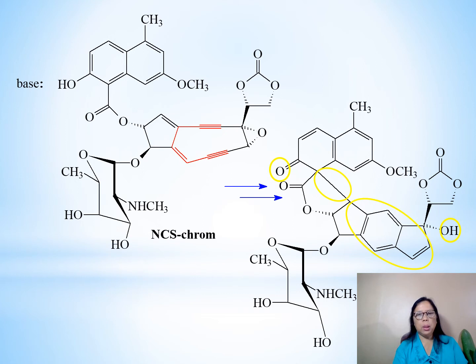So you have 1, 2, 3, 4, 5, 6. This is now your 1, 2, 3, 4, 5, 6. So this bond had also created a cyclo compound here. 1, 2, 3, 4, 5. So that is it. And this one as well.